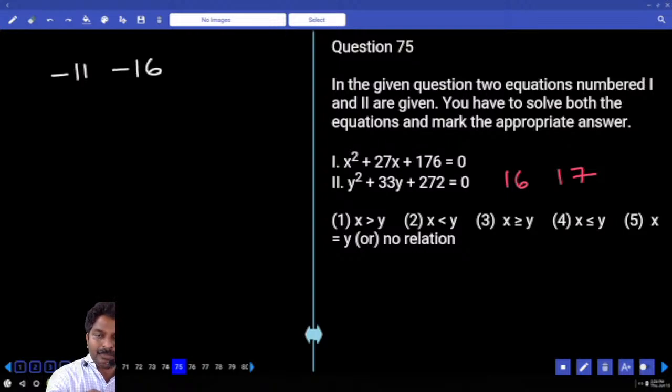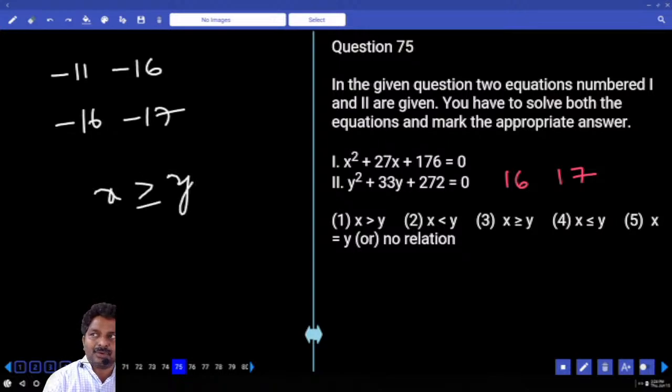Factors are minus 16. X is greater than or equal to Y.